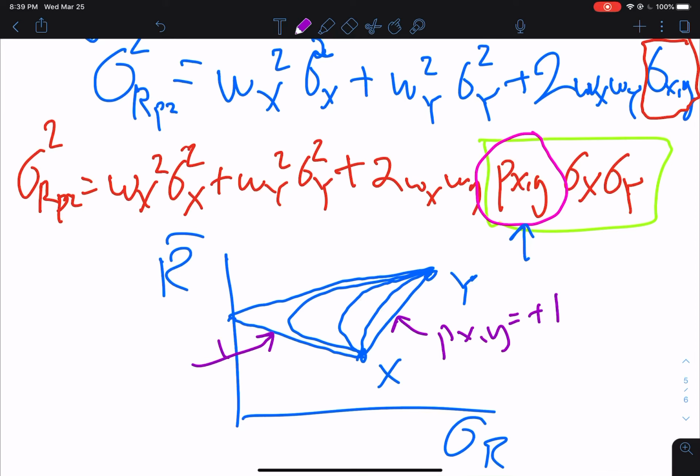This two straight line segment here that goes like this and like that is the shape of the feasible set if the correlation coefficient between the returns of x and y is -1. And these other ones in between are for circumstances when the correlation coefficient between the returns of x and y is somewhere between +1 and -1.